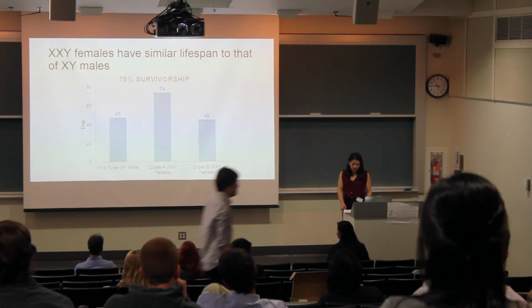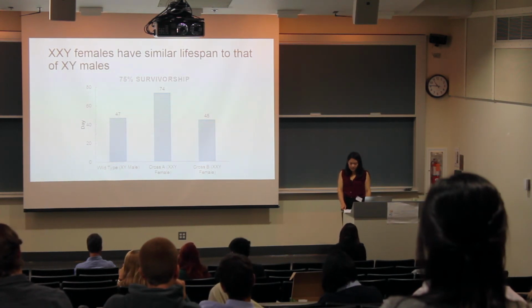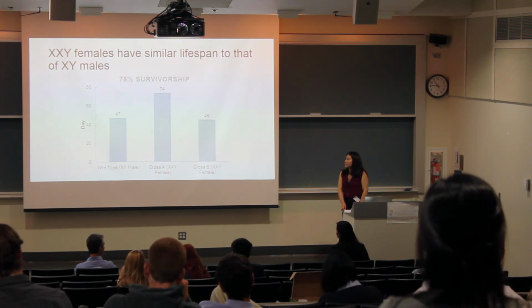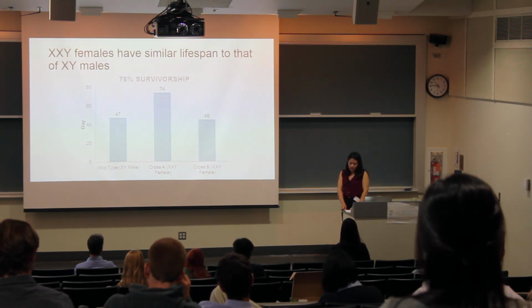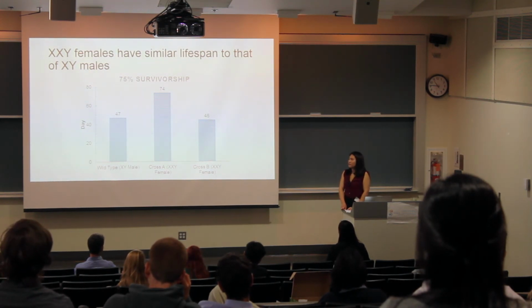In comparing females with a Y chromosome to the wild-type males, the experiment showed that the XXY females had a lifespan similar to that of the XY wild-type males. The longer period of time for cross A versus cross B to reach 75% survivorship may be due to the fly strain I used.